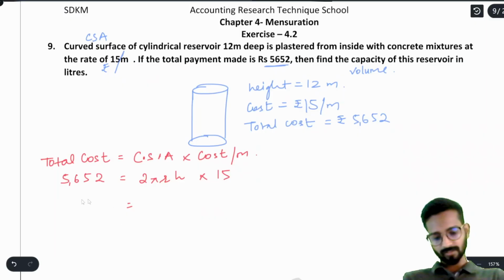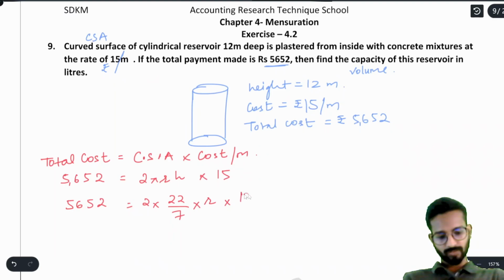Then you can say 5652 equals 2 into 22 by 7. Radius we have to find. Height is given how much? 12 multiply 15. So 22 by 7 you cannot take, you have to take 3.14. It is given in the question. 3.14.